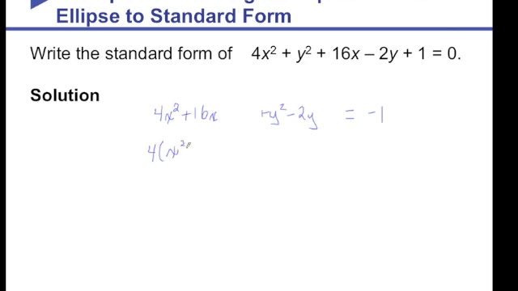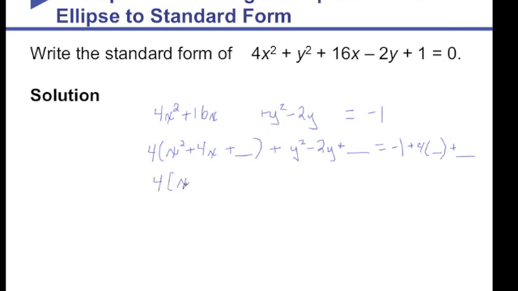And we're going to have x squared plus 4x plus whatever we're completing the square with. And these are already just 1s, so we can keep them. We'll complete that square. And of course, on the other side, we're going to have to add the same thing. Whatever this number is, we're going to have to take it times 4 because it's times 4 over here. And the other one we can just add on.